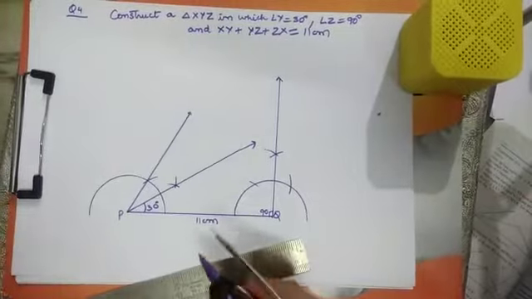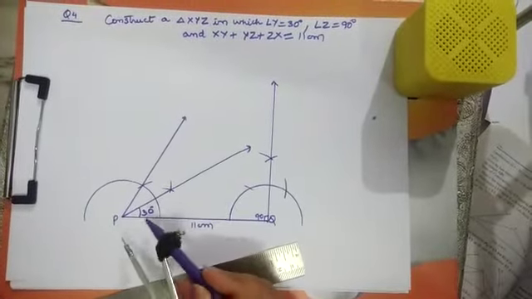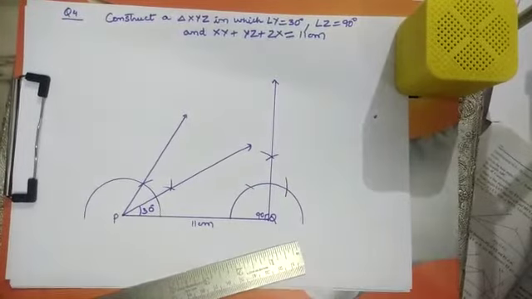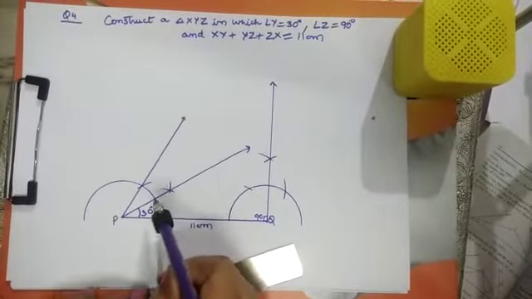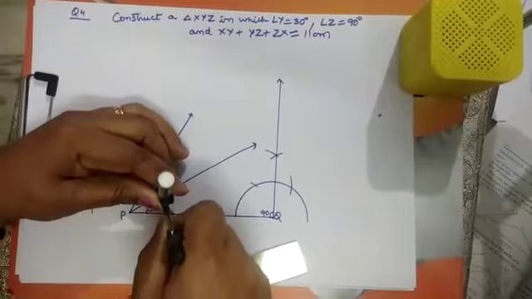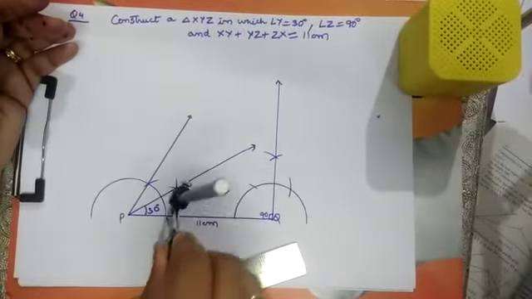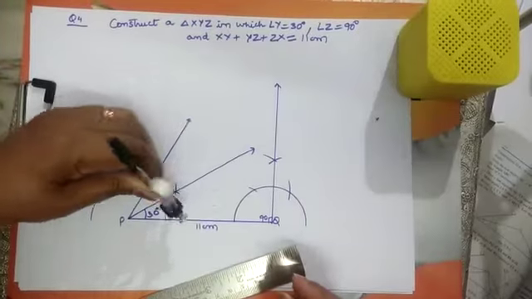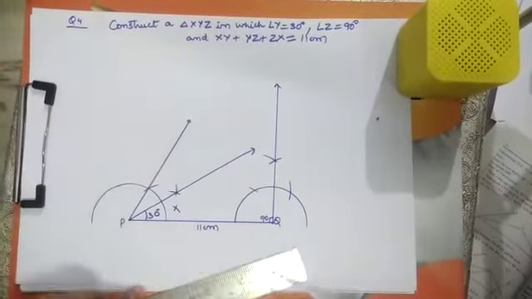Now what I have to do is, I will have to bisect these two angles, that is 30 degrees and the 90 degrees. So now in order to bisect this 30 degrees, again I'll have to take more than half of this arc and bisect this angle of 30 degrees. So bisect this.